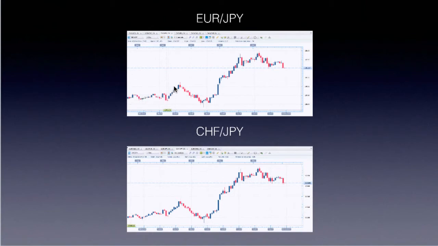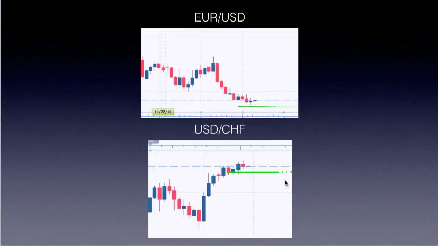If you look here, we have the same type of movement up here on the Euro Japanese yen as you do down here on the Swiss franc Japanese yen. So we are going to use these similarities to our advantage. Now let me show you how we're going to use these.